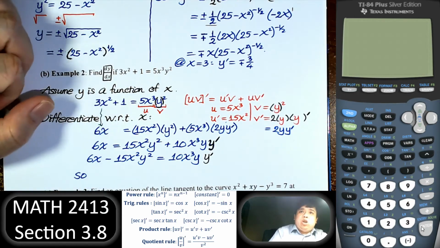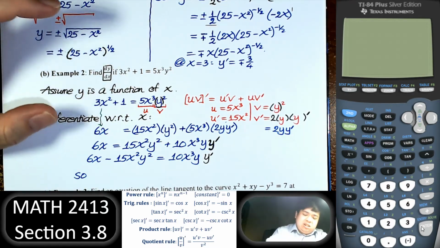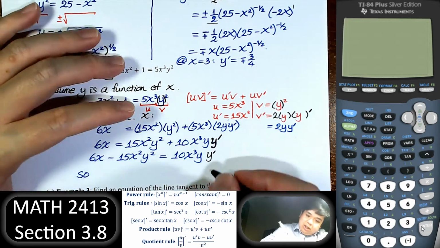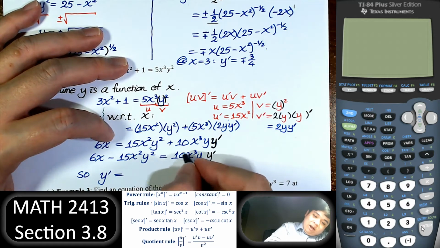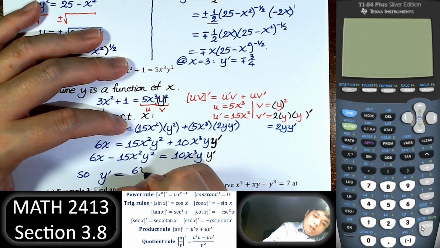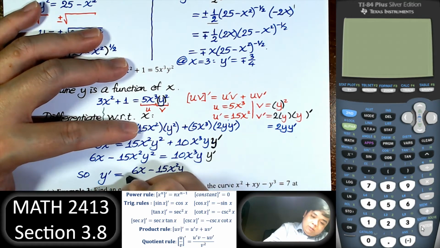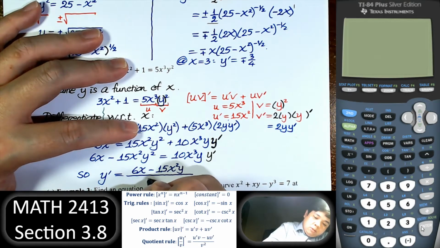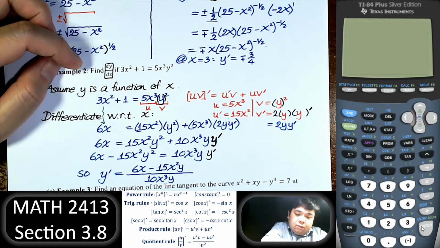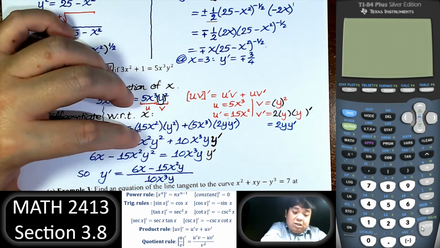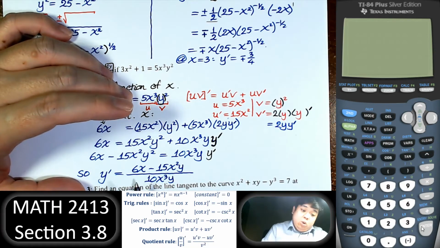We also can cancel 2, but we can do that later. So we solve for y prime. We're going to take that, divide by 10x cubed y. Sorry, we cannot cancel 2 because of the 15, but we definitely can cancel 1x, right?